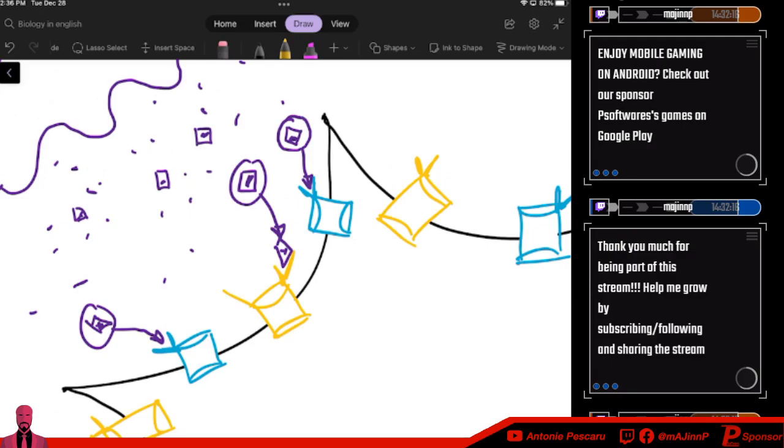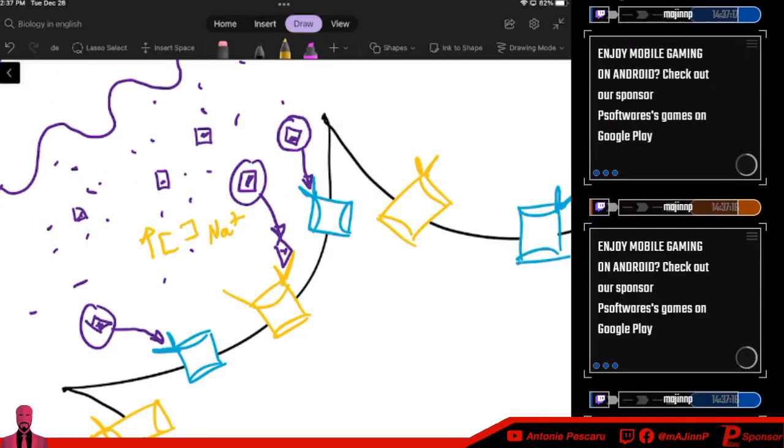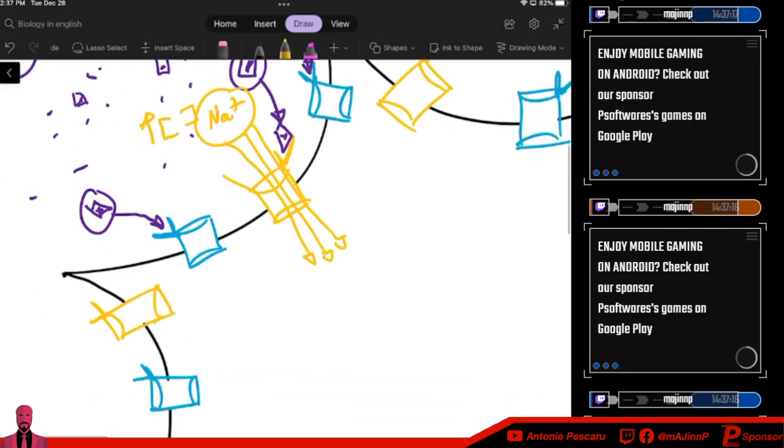Let's say that there's a gate over here. It opens its gate, allowing for the incoming of sodium. As we know, there's a high concentration of sodium outside of the cell, in the extracellular space. If you open this, a lot of sodium goes inside of the cell.